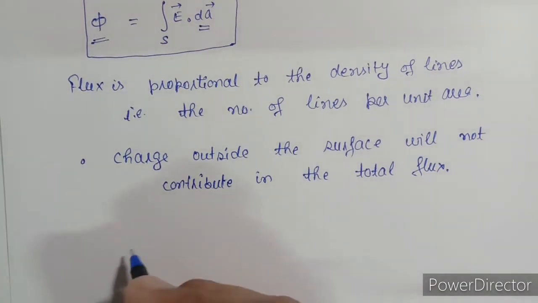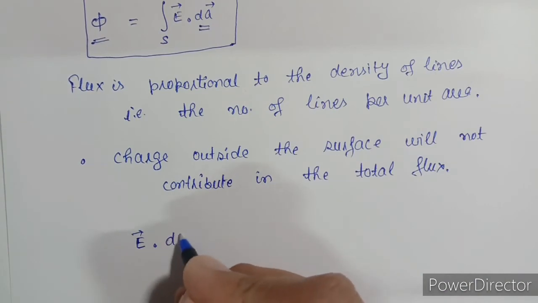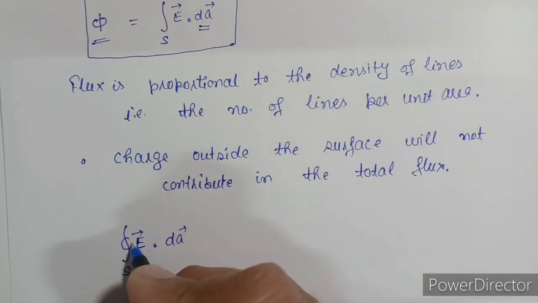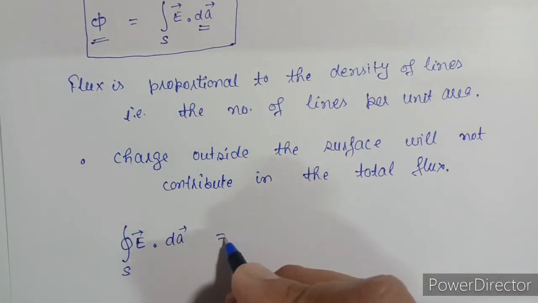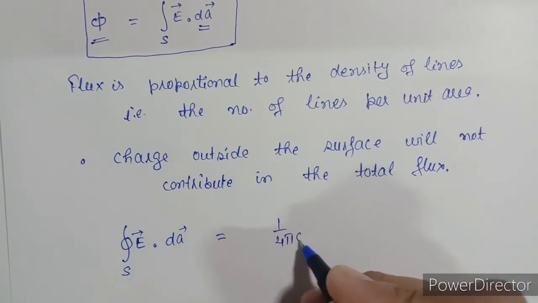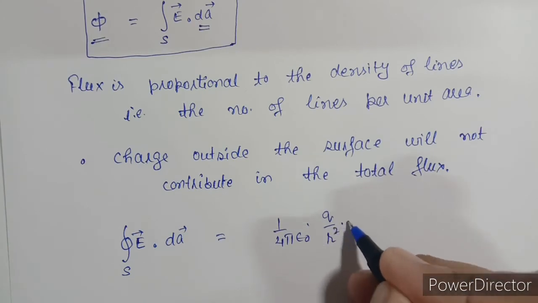Or mathematically we can write it like this: the surface integral of E dot dA. Suppose we have a closed surface, then this is equal to 1 over 4 pi epsilon naught times Q over R square R cap.